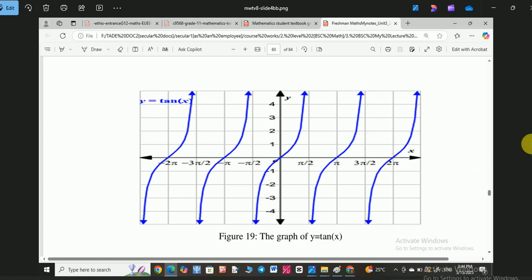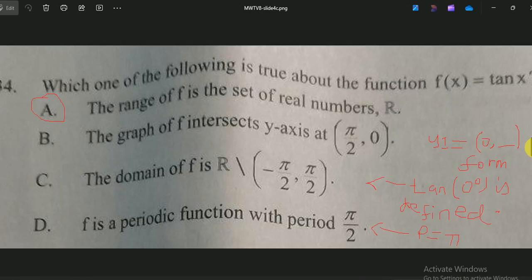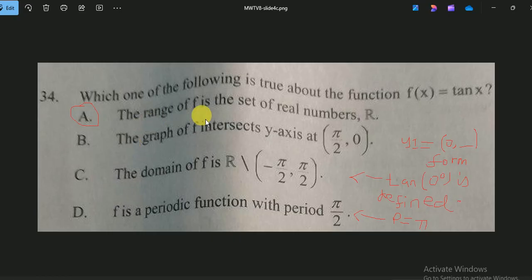Okay, so which of the given choices is correct? Let us see. The range of f is the set of all real numbers. Yes, that's the answer. The graph of f intersects the y-axis: these kind of points are not y-intercepts, because to get the y-intercept, x has to be 0. The domain of f is R without... No, there are points in the domain which are excluded.